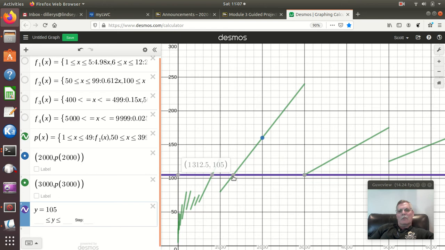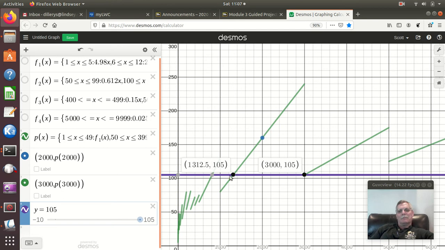But so there is the last place that something would cost $105, and in this other piecewise part here. And so what I want to know is, when should I start ordering 3,000?